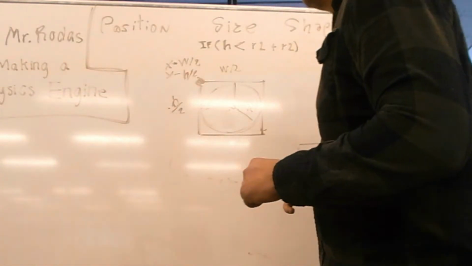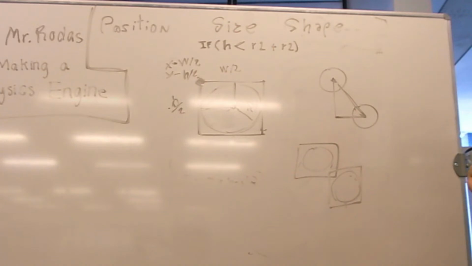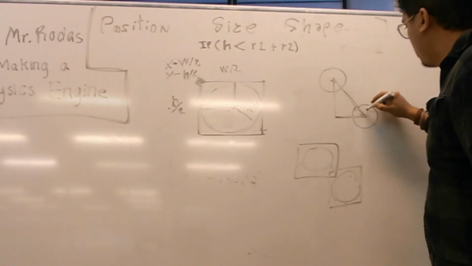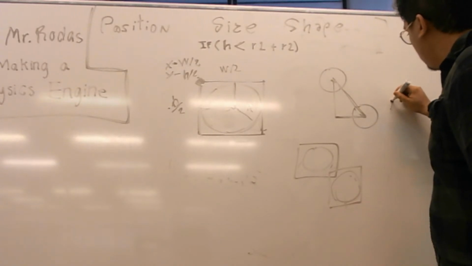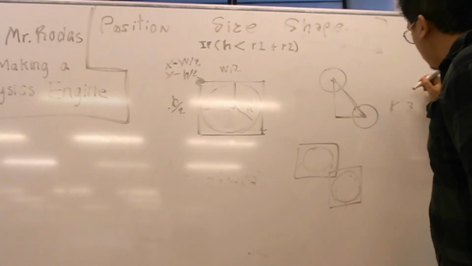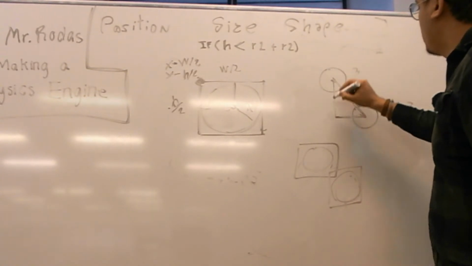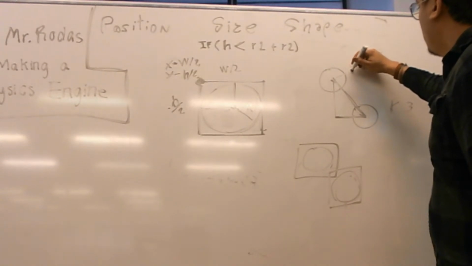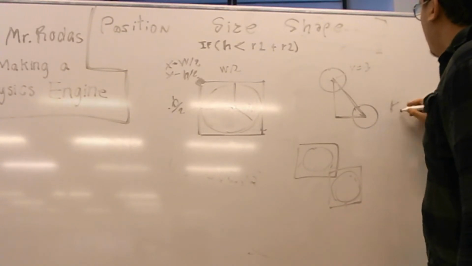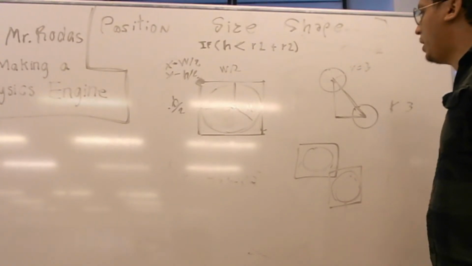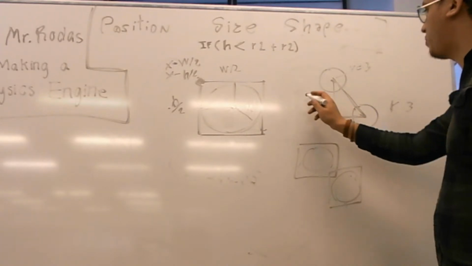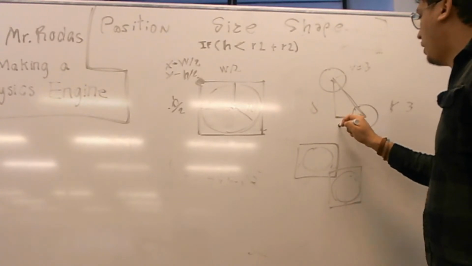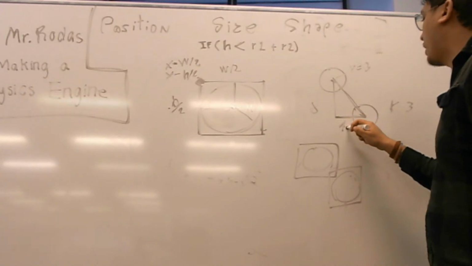Can you show part one, part two, just so I can see it? So if the radius is three, it would be 6. And if the separation between them is, say, 10, this is likely not touching.